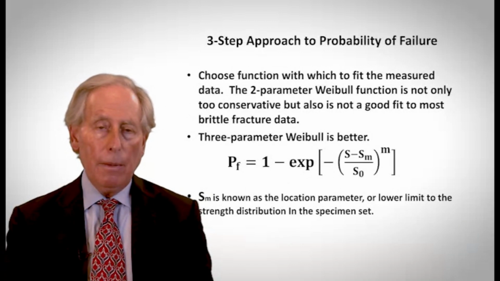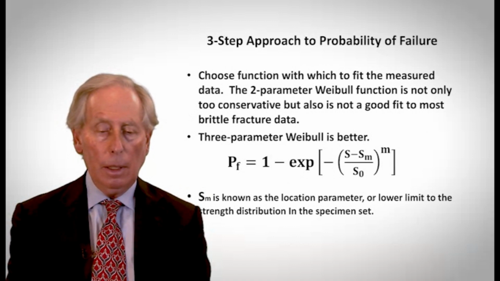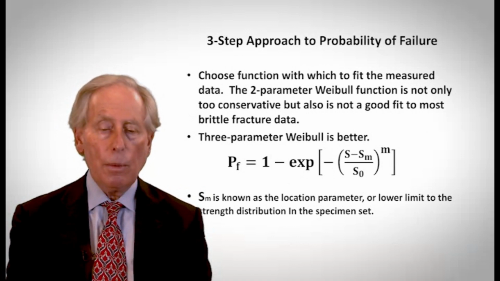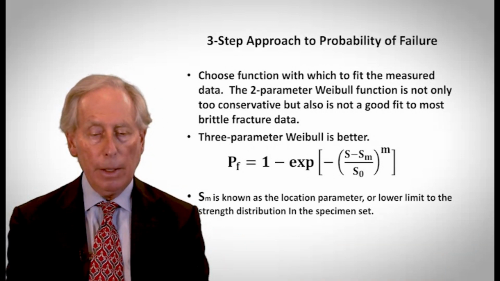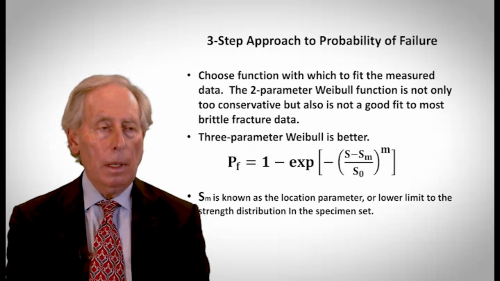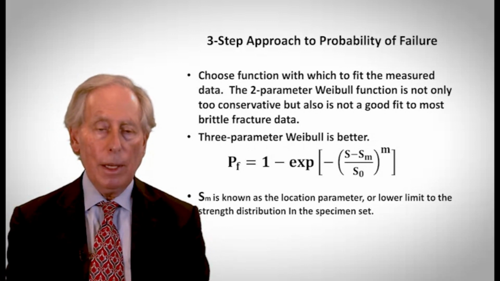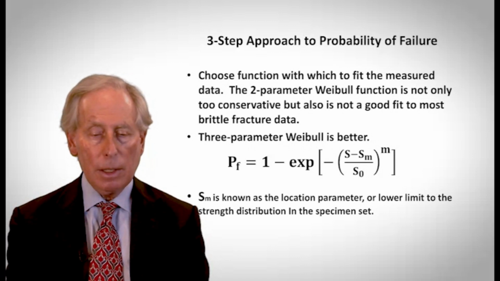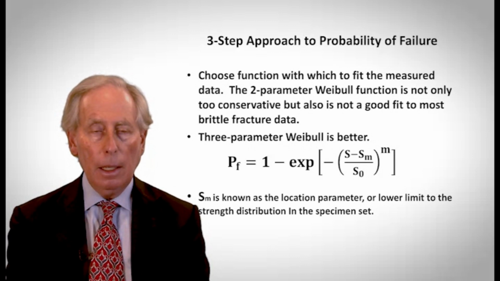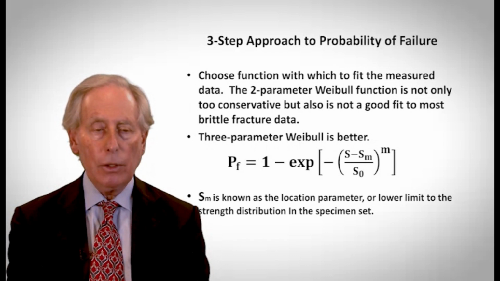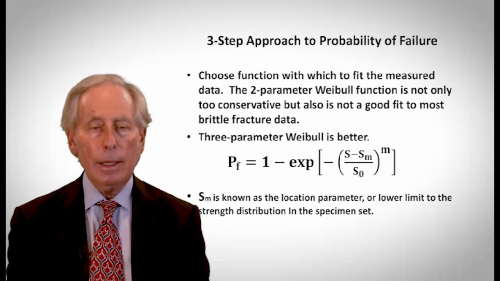So let me give you what I believe is a newer approach to predicting probability of failure. First of all, it's not necessary to assume that that earlier expression for Weibull is the best one to fit the data. It's only one of many. You can try any probability function you like to fit your data and calculate how good a fit is achieved with that expression.